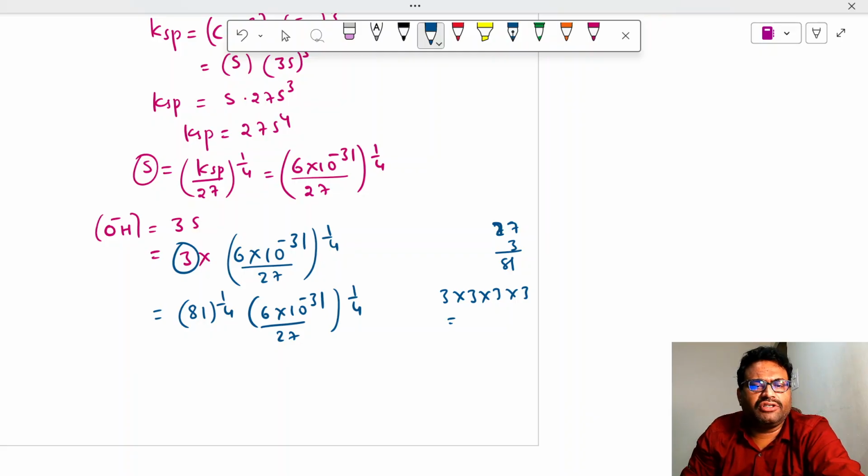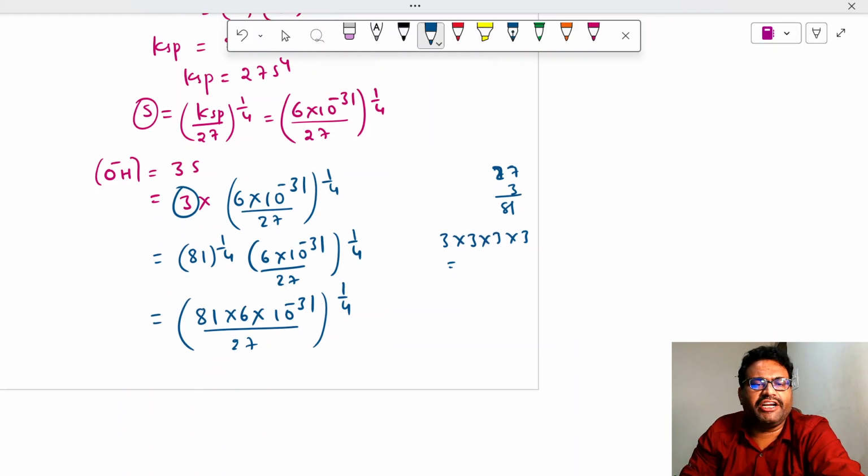Understood? So now I can write it as 81 into 6 into 10 power minus 31 by 27, complete power 1 by 4. Now I can cancel: 27 3 is 81, 3 6 is 18. So 18 into 10 power minus 31, whole power 1 by 4.